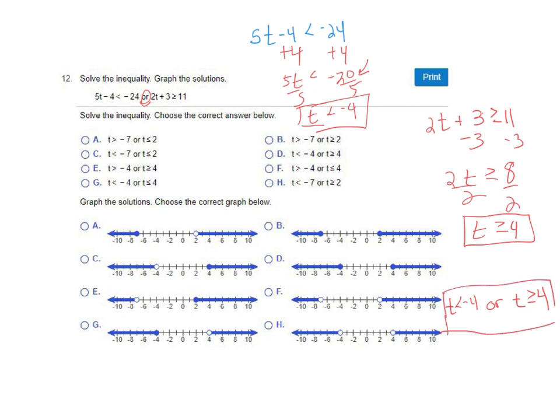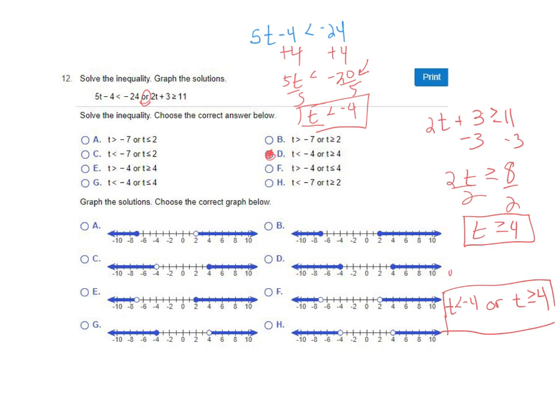And then I need to select the choice up here. That is going to be t less than negative 4, or t greater than or equal to 4. Choice D, I believe. Yep. And then I need to go look for the correct graph.